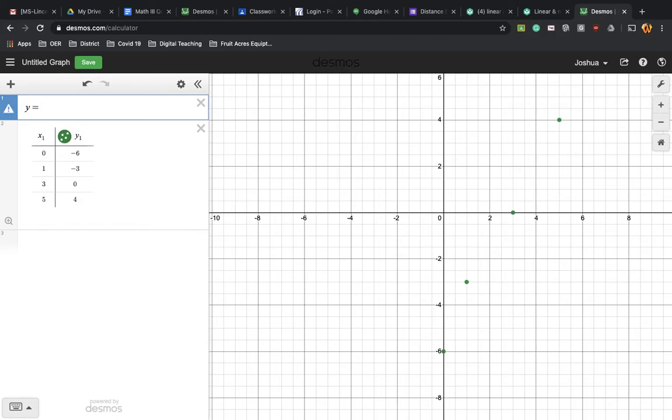This line is going to have a positive slope. It's going uphill to the right. So it's going to be a positive factor of x. Let's try 4x just for fun. 4x looks too steep. Let's try 3x. 3x looks closer. 2x, even better. All right, 2x. And then to move it over, I have to change the y-intercept.